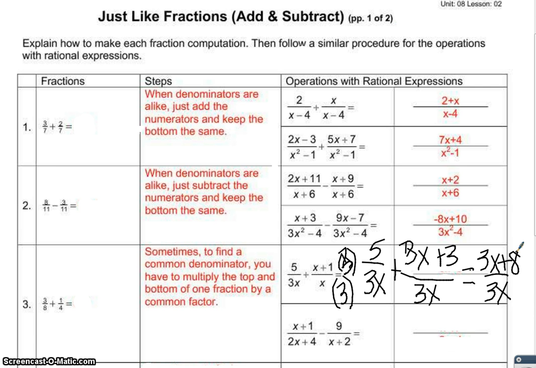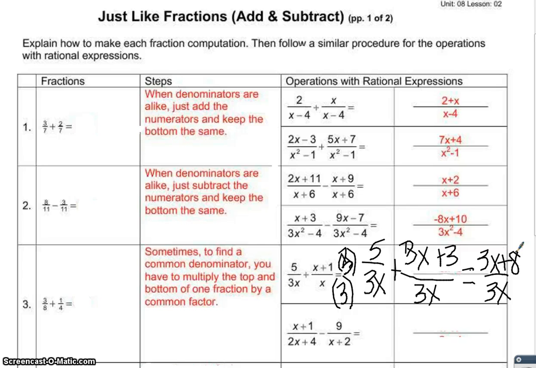So let's look at the next one. I have x plus 1 over 2x plus 4 minus 9 over x plus 2. What can I multiply my denominator by on the second fraction in order to have the same denominator? That's right, I can multiply both top and bottom by 2.